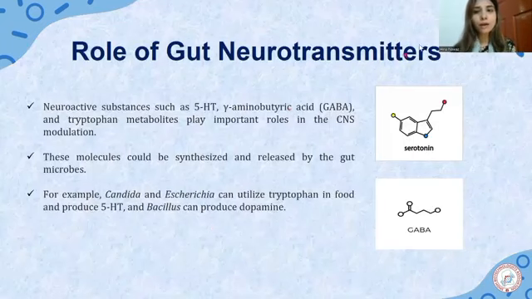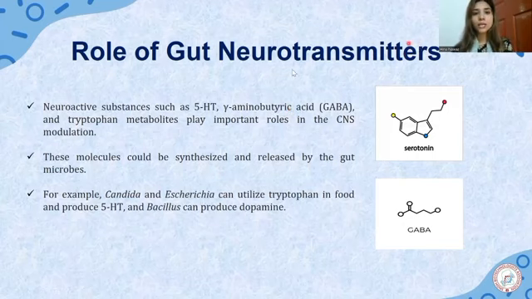So we have different gut neurotransmitters that are being secreted by your gut microbes. Those neurotransmitters, or chemicals, are known as neuroactive substances. For example, we have 5-HT, also known as serotonin. We have gamma-aminobutyric acid, known as GABA, and tryptophan metabolites.